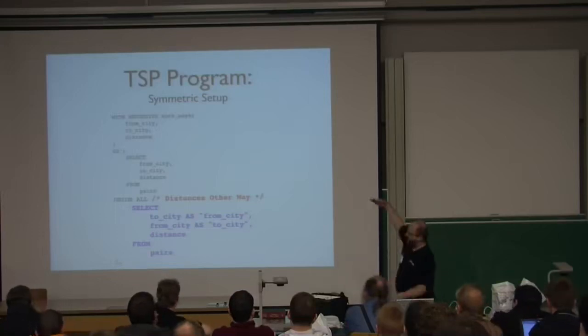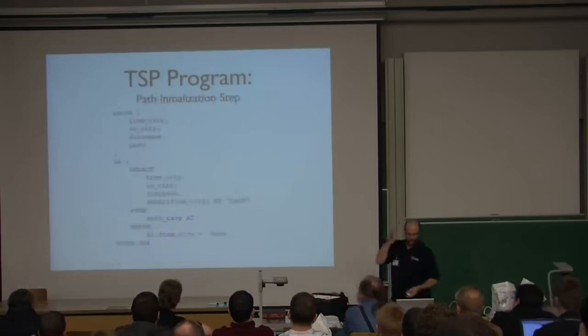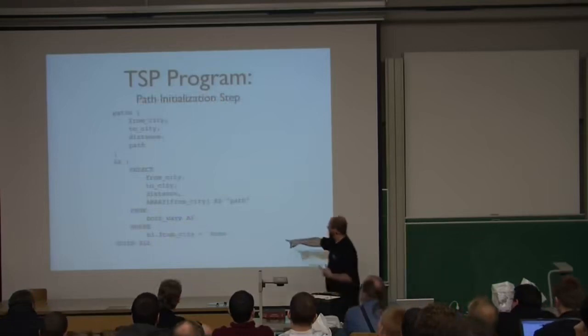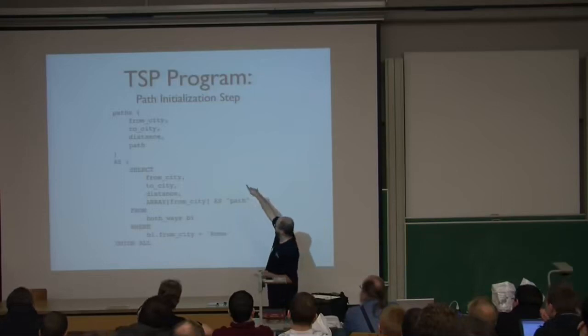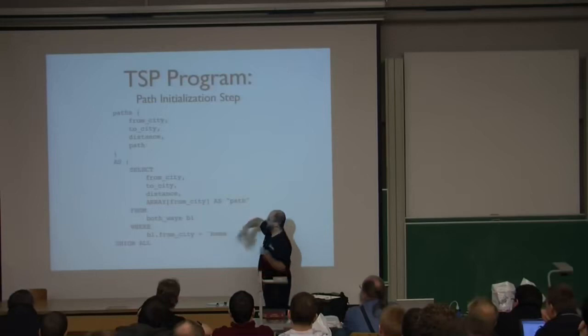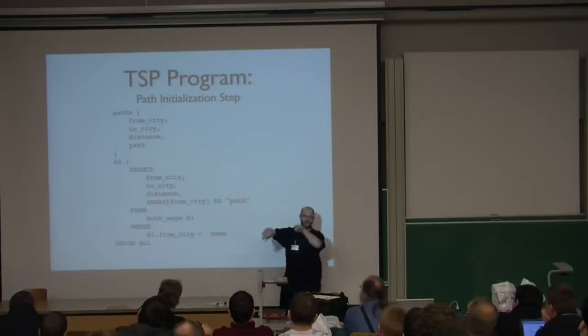Okay, so we've got that data set, and then we try initializing a path. We're starting out from Rome, and that's going to be our from city. We say to city, and that's all the possible places you can get to directly from Rome.